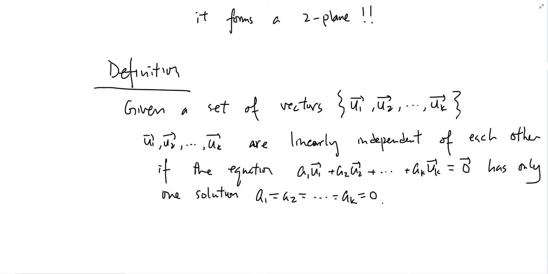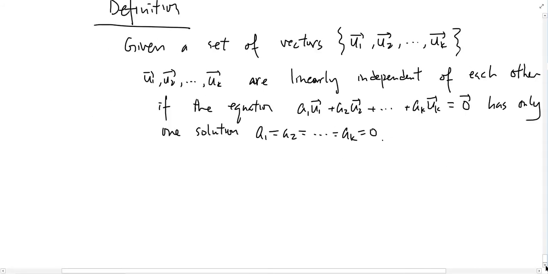Now, one way to check if you have a linearly dependent or independent set of vectors is to use this theorem. This theorem will be tested. You will be asked questions related to this theorem on your next test, so make sure you understand. It's 2.2.11, which says the following.